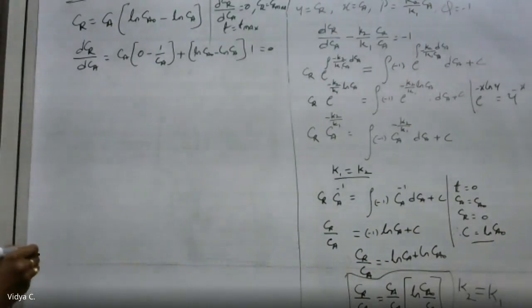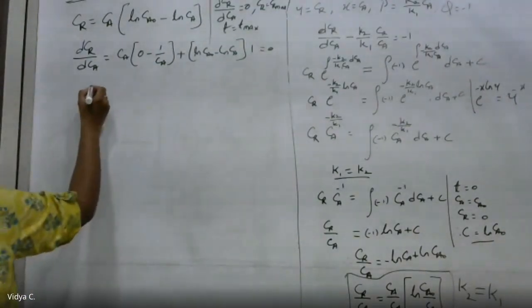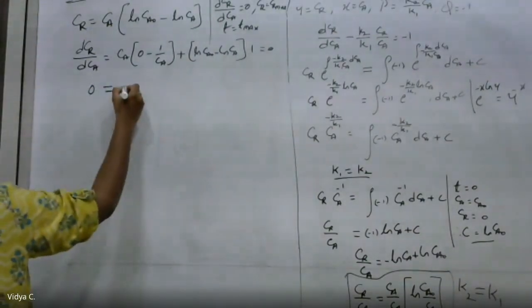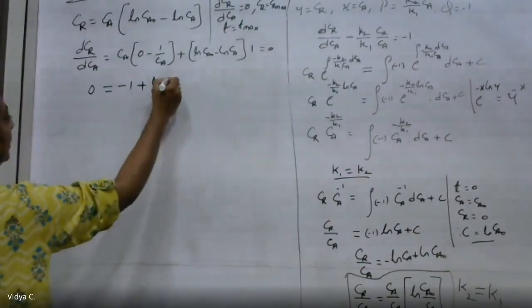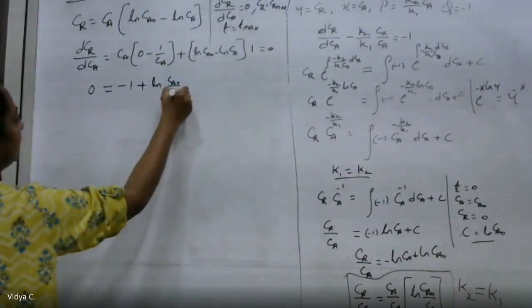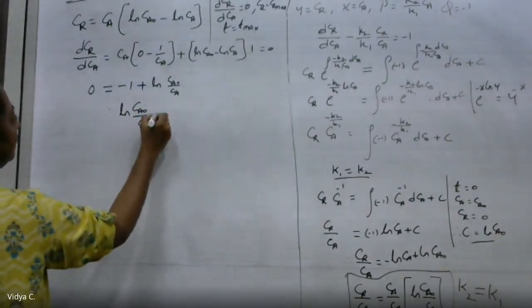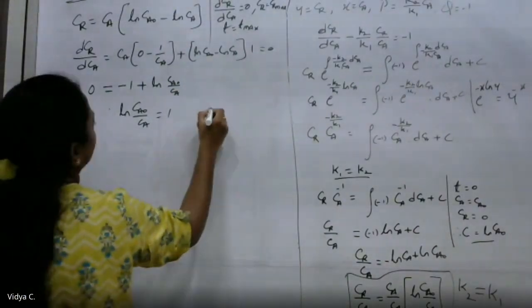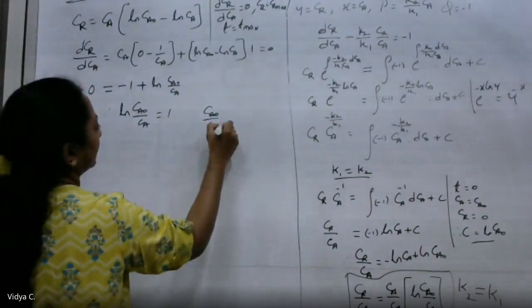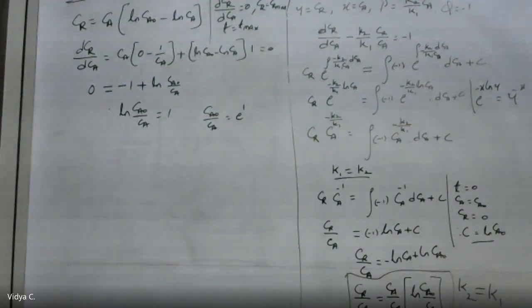So 0 is equal to, CA goes off and I'm left with minus 1 plus ln of CA naught by CA. Therefore, ln of CA naught by CA will be equal to 1. Therefore, CA naught by CA will be equal to e to the power of 1.